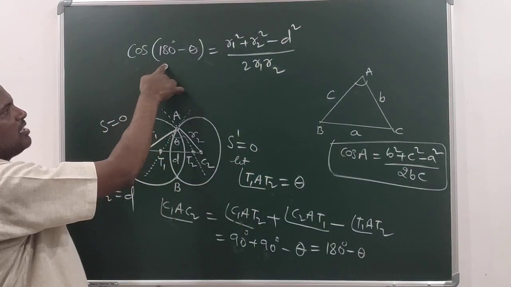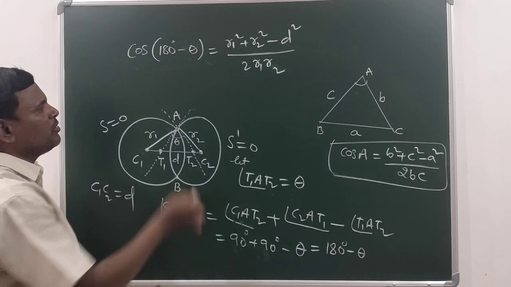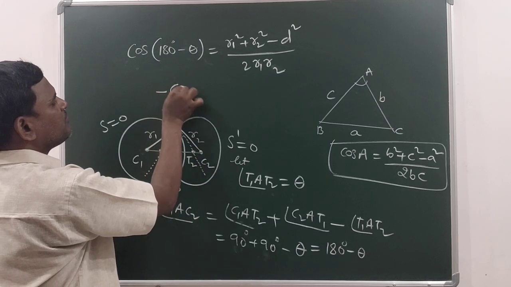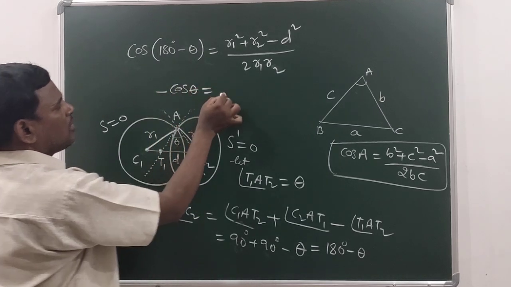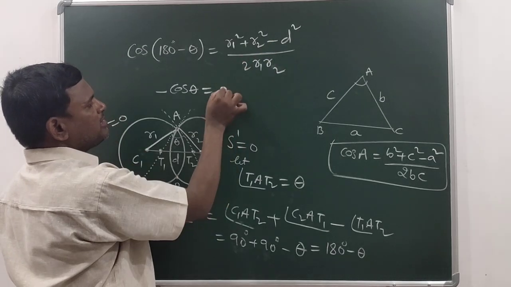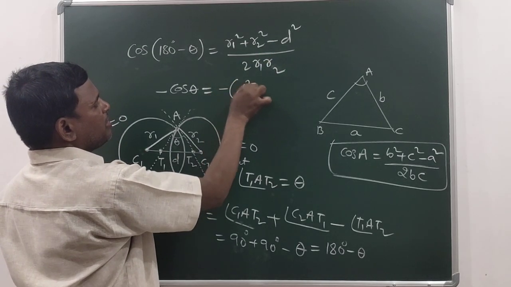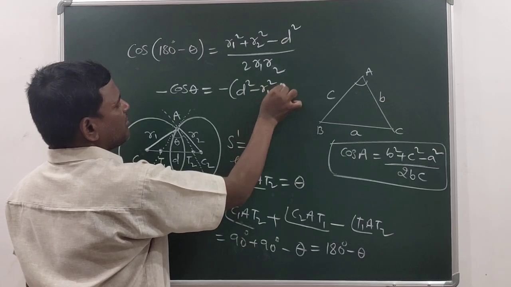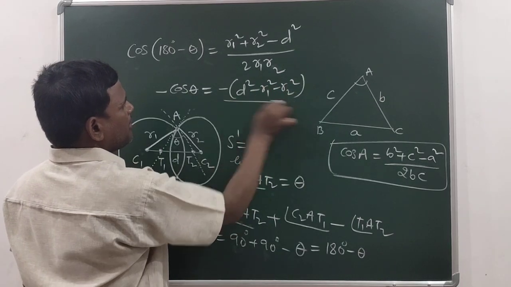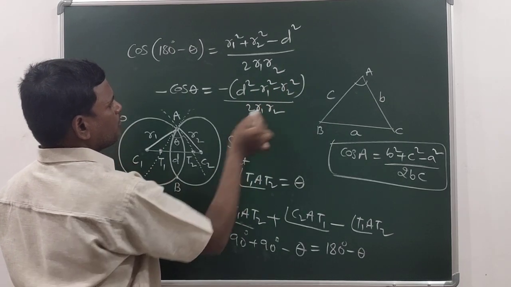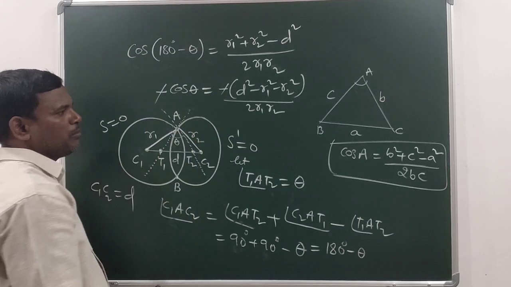You know, students, cos of 180 minus theta is equal to minus cos theta. Now from the numerator take minus common. So inside you will get d square minus r1 square minus r2 square by 2r1 r2. Now cancel these two minuses.